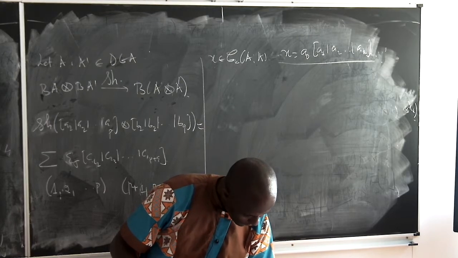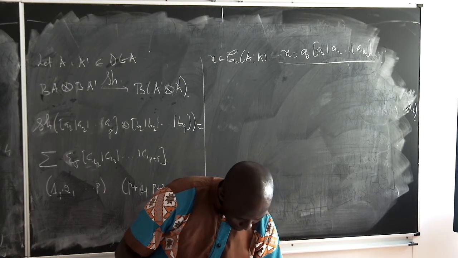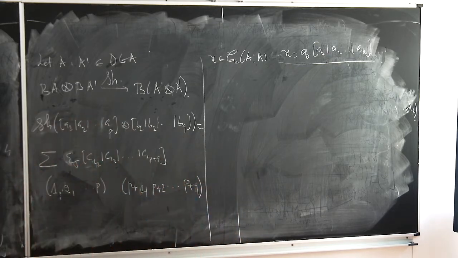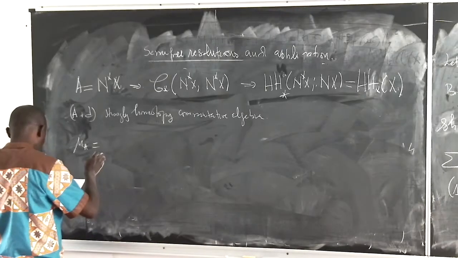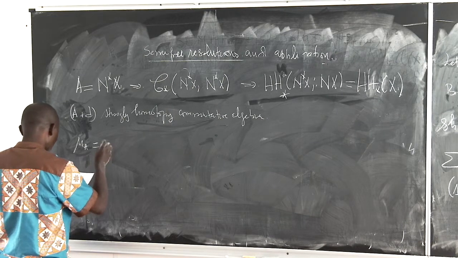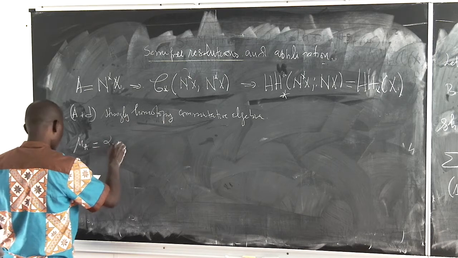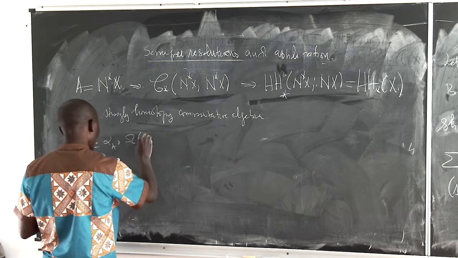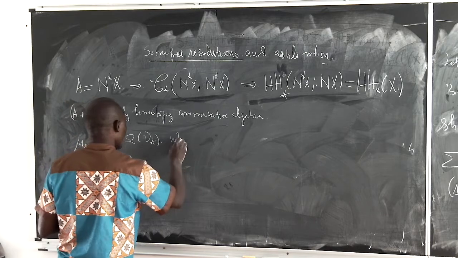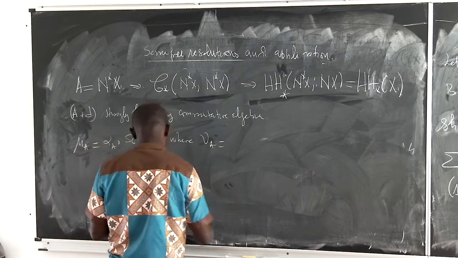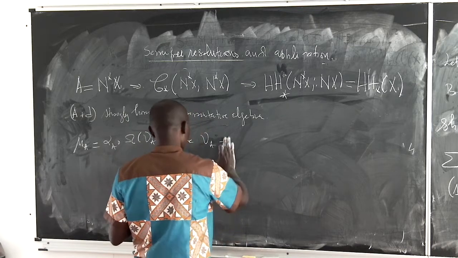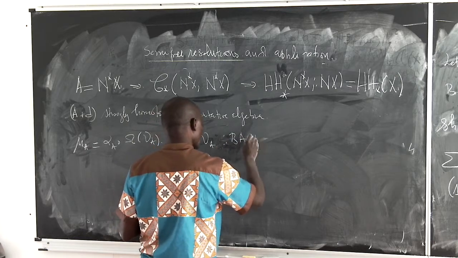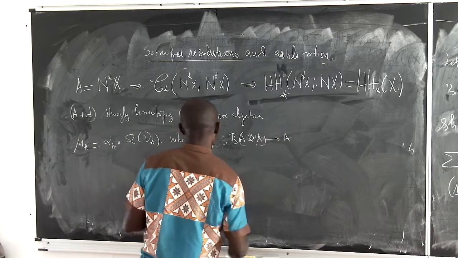Let me give you that relation. So mu here is equal to this relation alpha A composite by omega nu A, where nu A here is just the map defined from BA tensor A to A. Okay.